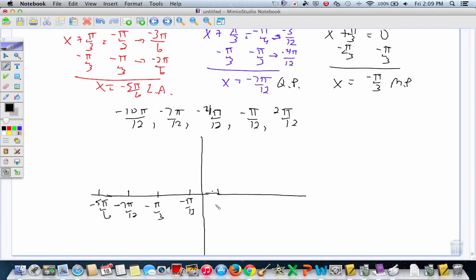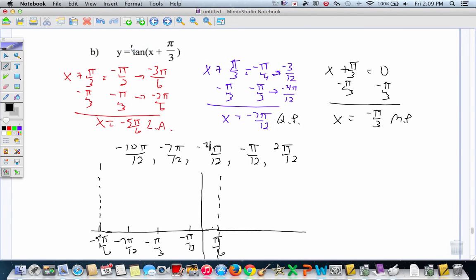And we need one more point, -5 pi over 6. And we do have our positive point at pi over 6. Our first point is our left asymptote line. Our last point is our right asymptote line.